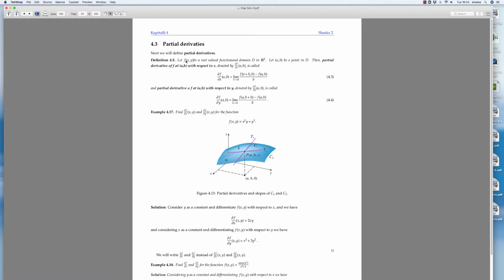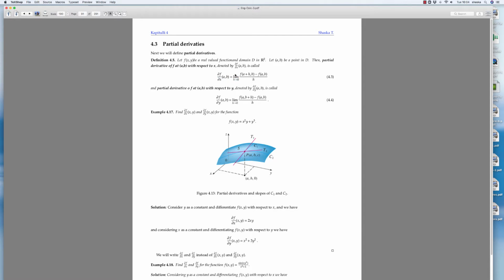So we have a function f of x, y in two variables, which is defined in some domain D. And we have a point in this domain, the point (a, b) in the domain D. The partial derivative of f at this point with respect to x is given this way.